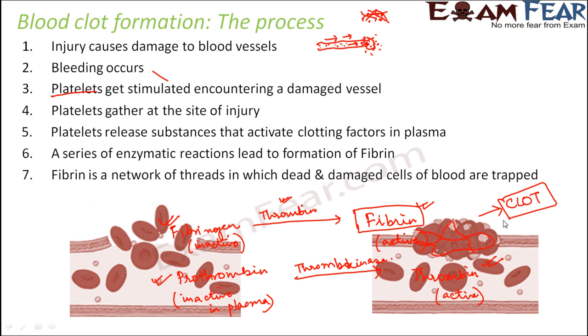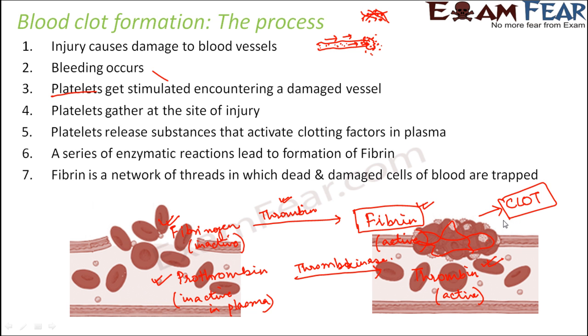So whenever you get injured, your blood vessels get ruptured, because of which bleeding occurs. Whenever the platelets encounter a damaged blood vessel, they tend to gather at that site. They also release substances which help to activate the inactive clotting factors present in plasma.